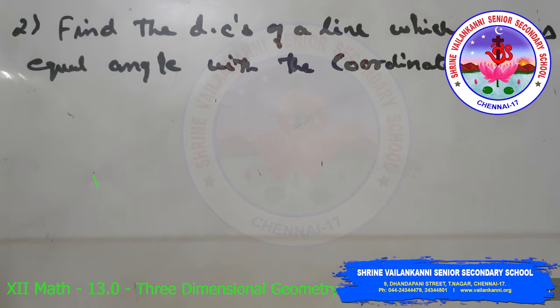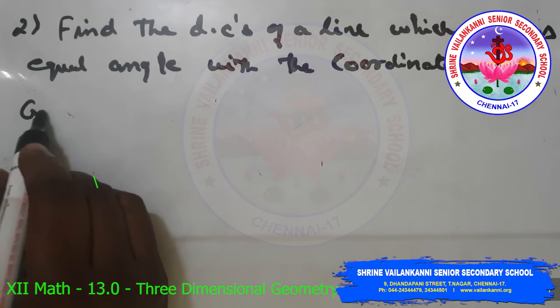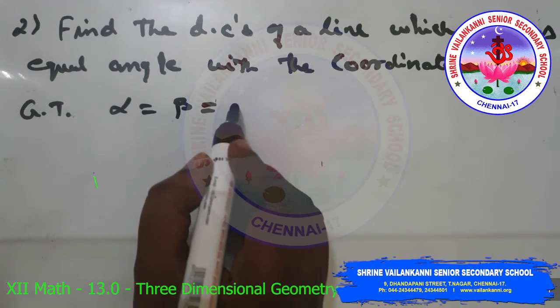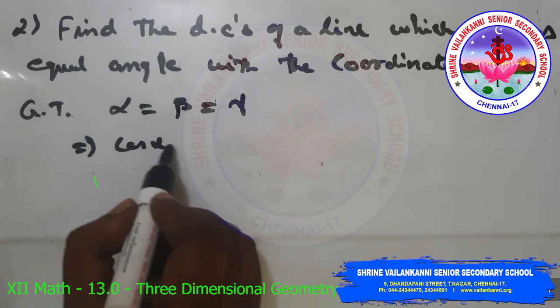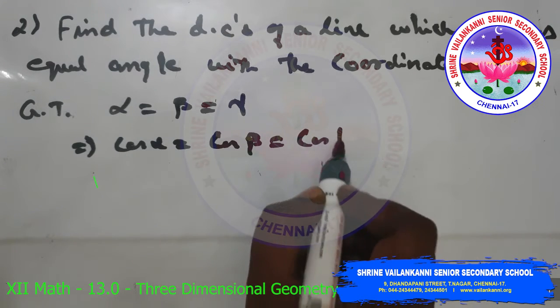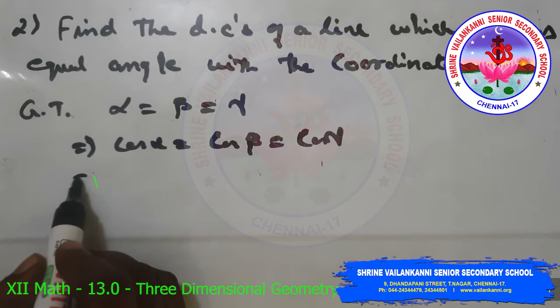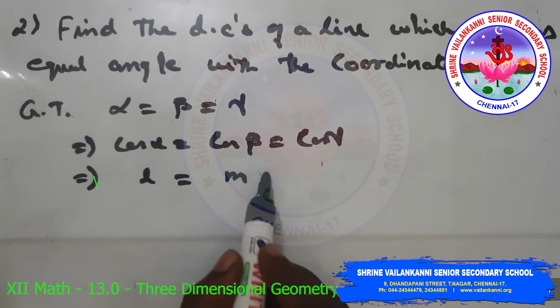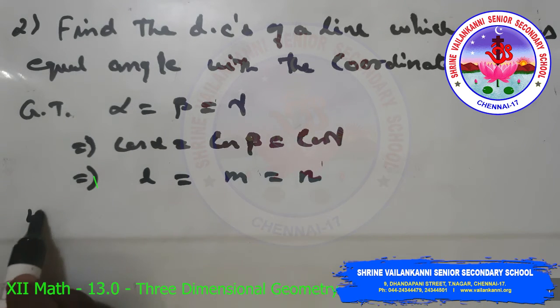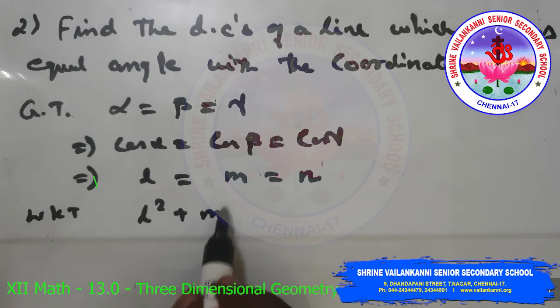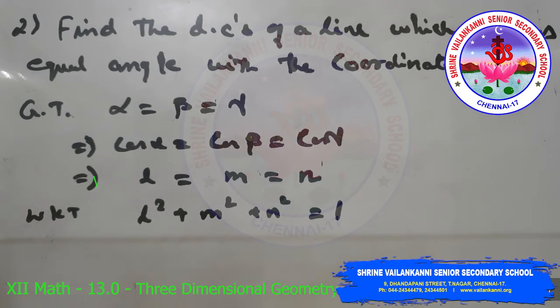Second question: find the direction cosines of a line which makes equal angles with the coordinate axes. It's an important question asked in CBSE 2008, 9 and 11. We have to find the direction cosines in which all the angles are equal. It's given that alpha equal to beta equal to gamma, that is cos alpha equal to cos beta equal to cos gamma. DCs are represented by cos alpha is l, cos beta is m and cos gamma is n. We know that l square plus m square plus n square is equal to 1.